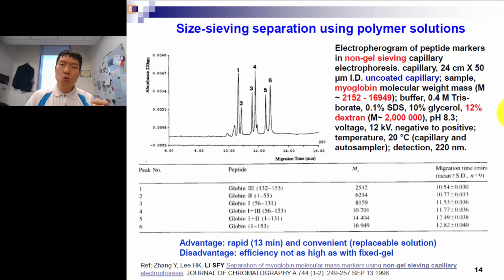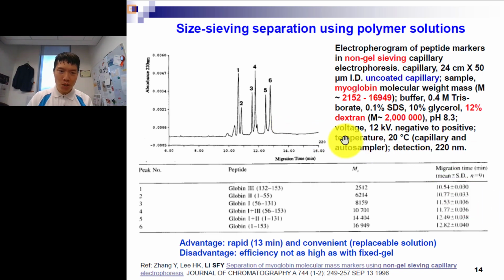Now, instead of using fixed or cross-linked gels, it is also possible to use polymer solutions for size sieving separation. And this is sometimes called non-gel sieving CE. Now, to use this method, there are some conditions. It is not necessary to use a coated capillary because there's no problem of destroying the gel when high voltage is applied.